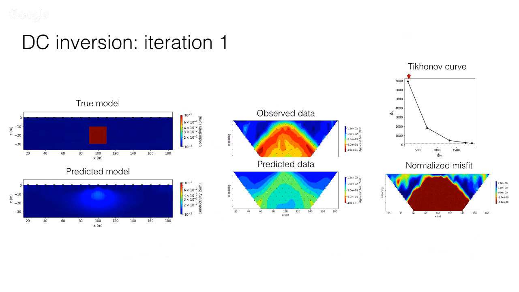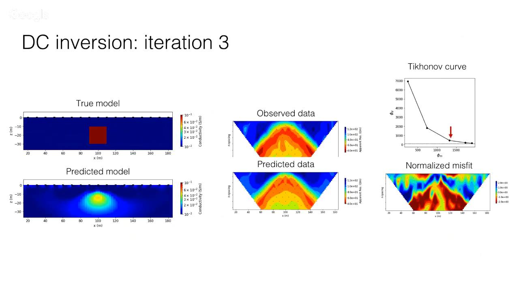So that's iteration one. Iteration 2, you can start to see it pull out a little bit more, and kind of starting to fit the data. Iteration 3, we're here, so starting to do a little bit better. And iteration 4, we're here, and iteration 5 here.